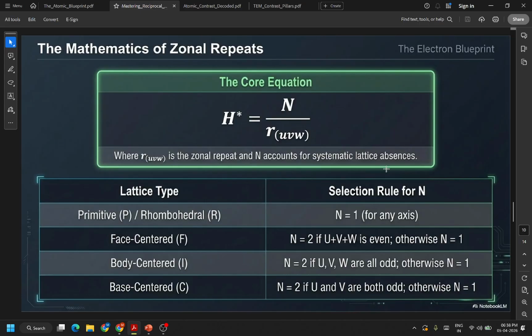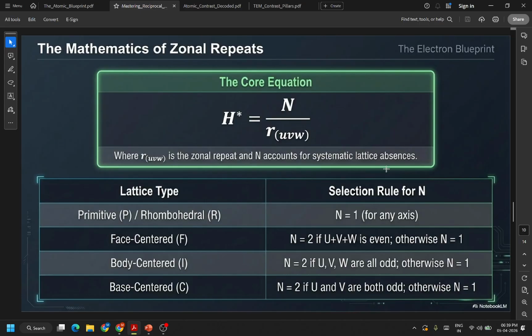So if you have a primitive lattice or a rhombohedral lattice, n will be equal to 1. If face centered, n is equal to 2 if u plus v plus w is even, otherwise n is equal to 1.